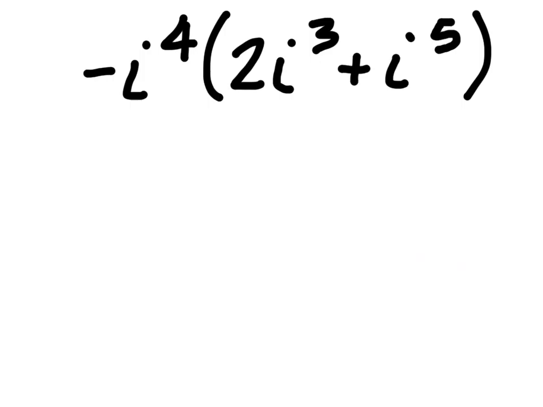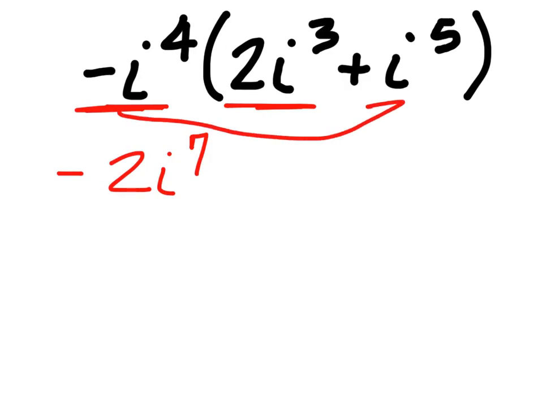negative i to the fourth times the quantity 2i to the third plus i to the fifth. You're going to multiply this by this to start with. So negative i to the fourth times 2i to the third is a negative 2i to the seventh. And then multiply this term by the right one in the quantity.